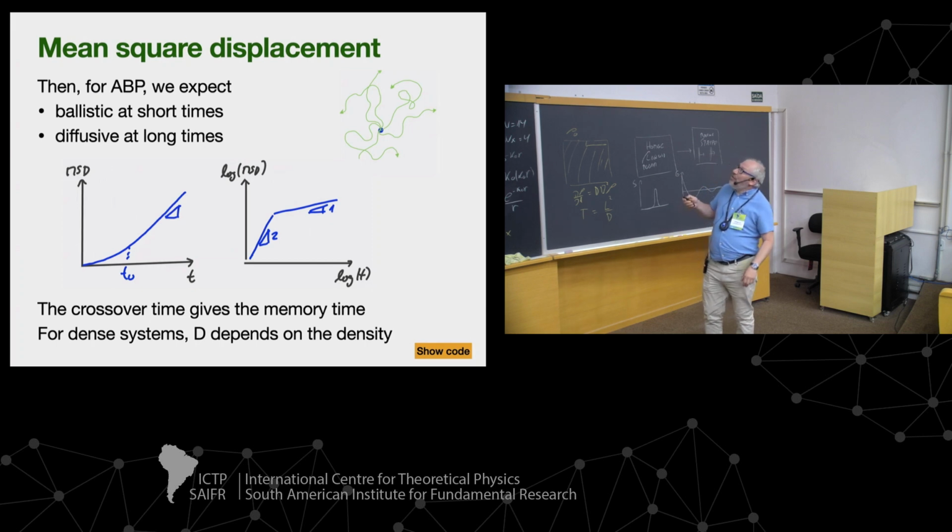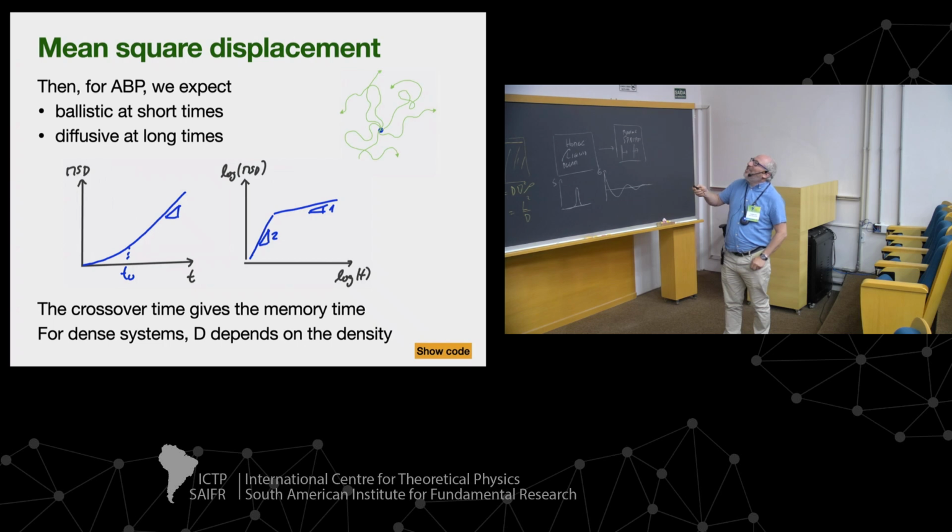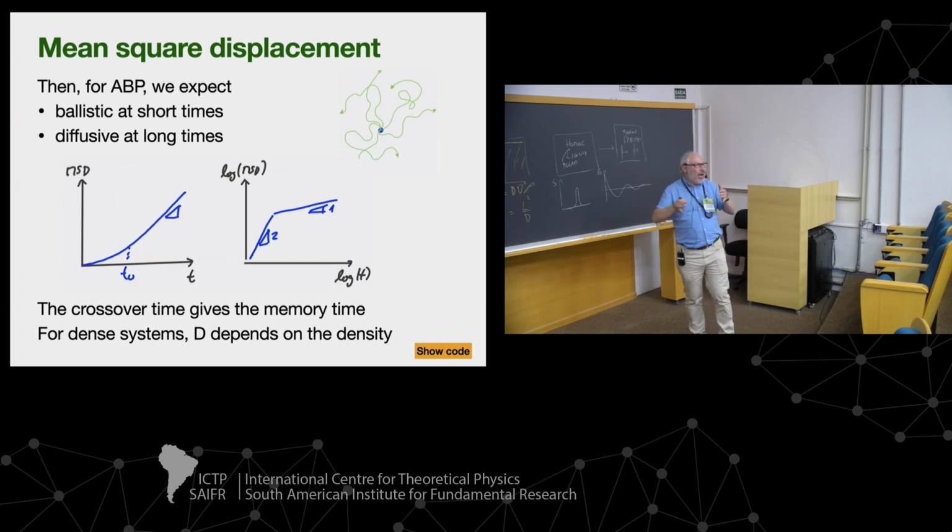But then at long times, you see, well, this is a drawing, not a simulation, so you have to trust me, that after a while particles lose memory and start moving in another direction, and it's a random walk at long times. So at long times, you expect the mean square displacement to grow linearly in time.